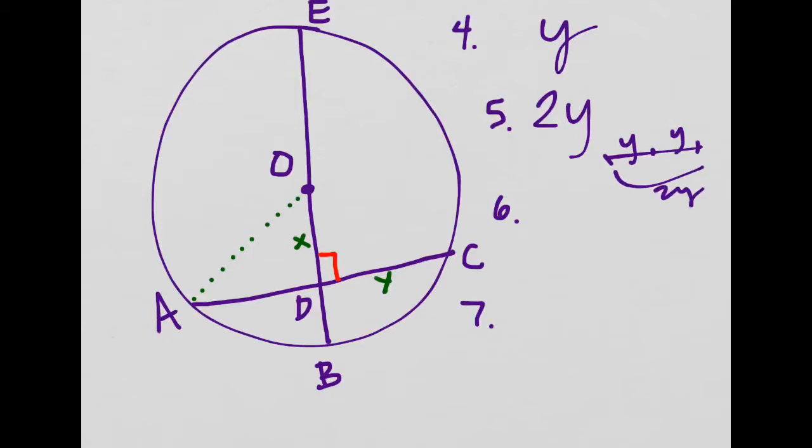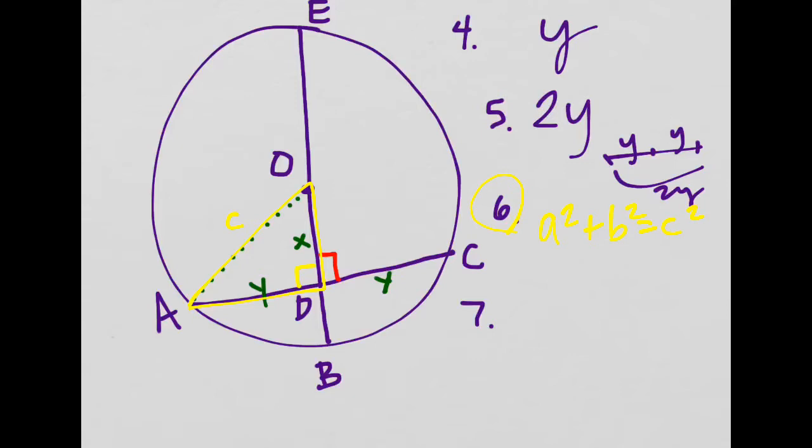Number 6, I want to know OA, and that's that dotted green line there. This is going to get a little bit more complicated because I don't really have numbers like I did earlier. But if you look right here, I have a beautiful triangle with a right angle. And anytime you have a right angle, we can use the Pythagorean Theorem. Well, the Pythagorean Theorem says a squared plus b squared equals c squared, where c is your hypotenuse.